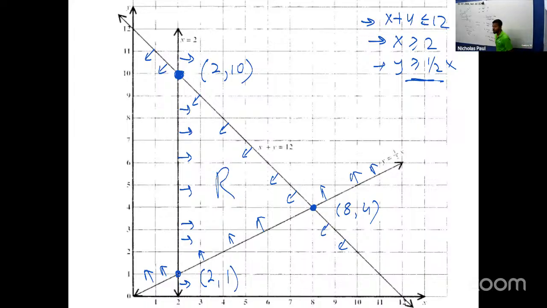Draw the line, put the arrows, and write down the common region. We have one more part to do. We completed step 1, 2, 3. We have one more step to do.